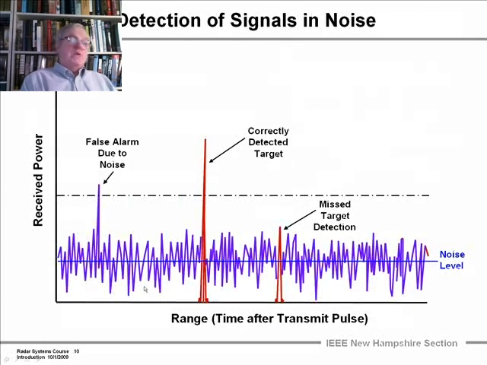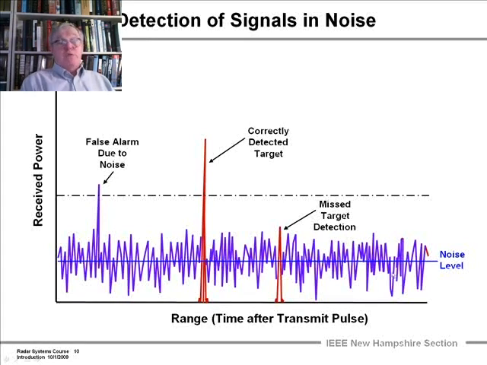And then, once we've detected the target, if we look at this as the received power, I've noted the noise in blue, and we have a reflection from a target here, and then another reflection from another target. If we apply a threshold to that received power, you'll see that the noise goes up and down.